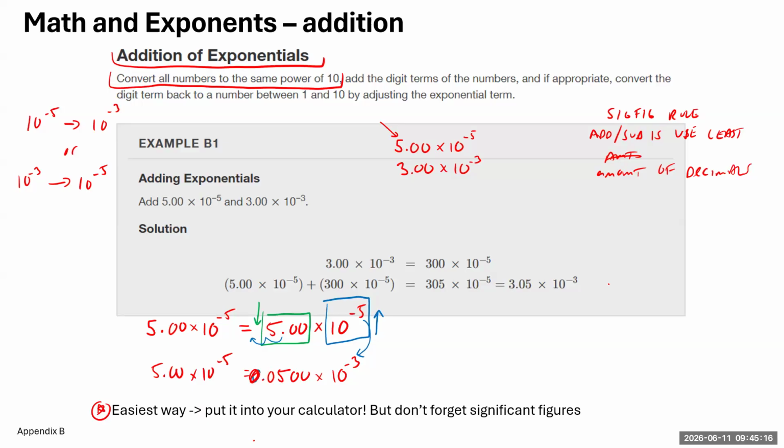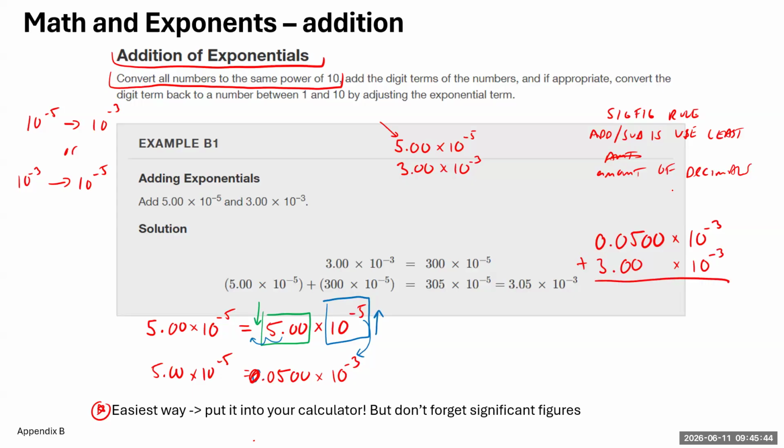All right, so now let's do the math. I got 0.0500 times 10 to the negative third plus 3.00 times 10 to the negative third.